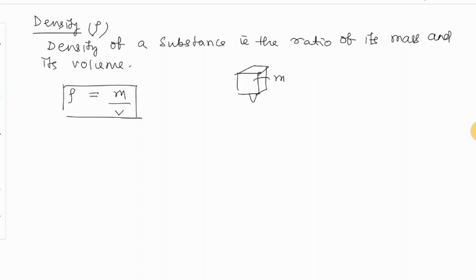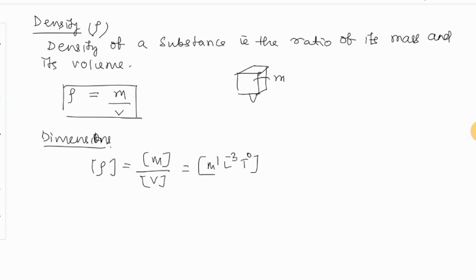What will be its dimensions? Dimensions will be that of mass and that of volume, that is M^1 L^-3 T^0. What will be its units? In SI it is kg per meter cube. In CGS, it is gram per centimeter cube. Okay.